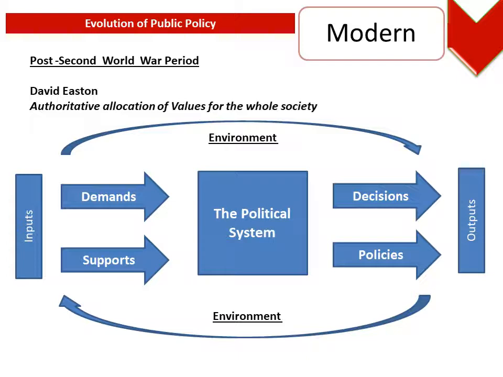When we come to David Easton's theory, later in 1953, first he supported the theory of behavioralism. Later in the post Second World War period, a new kind of theory emerged as a counter to behavioralism, which is called post-behavioralism.